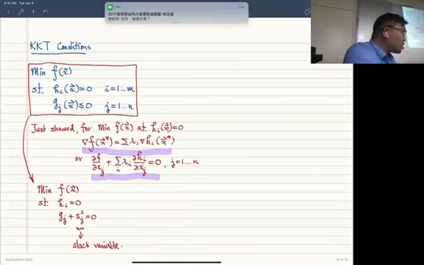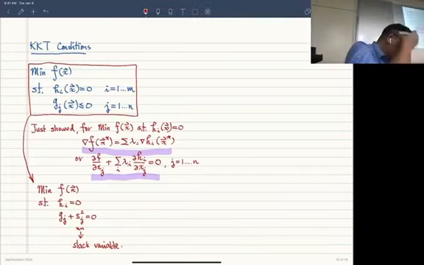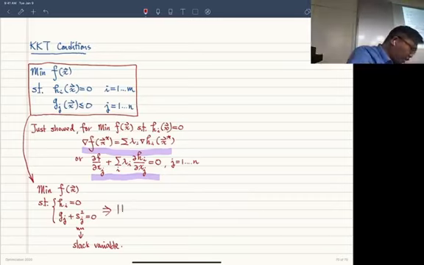Okay, so let's continue. When we have all these, we could convert all of them into equality constraints. And over here, let's use capital H, okay?